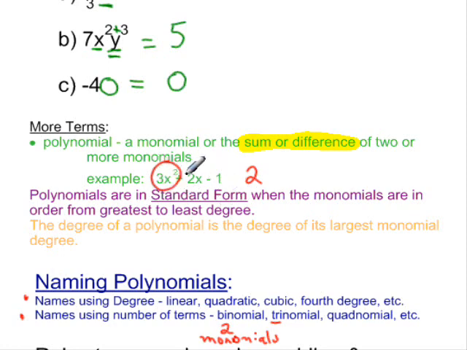So this is a trinomial. Quadnomial would be a 4. You have a quintinomial, and so on and so forth. And so if we were going to name our example in green by its degree and its number of terms, we would call this one a quadratic trinomial.